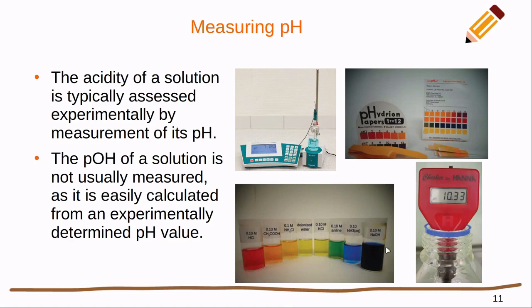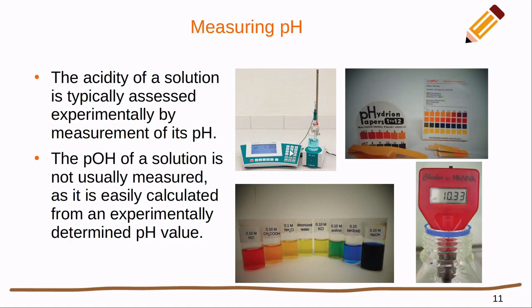But sometimes we don't want to really destroy our sample, right? We don't want to have to add these indicators in there. We want to use it for something else. So another method is to actually take those chemicals and place them onto a substrate like this pH paper here, and then just take a small sample out and dab it on there. And then again, we'll see a color change and we can match it to that scale.